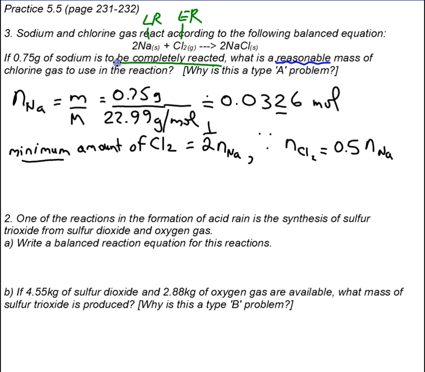So that means that we would need at least half of that amount. I would keep 0.75 divided by 22.99 on my calculator, and I would just take that and divide by 2. Okay, so that would be 0.0163.